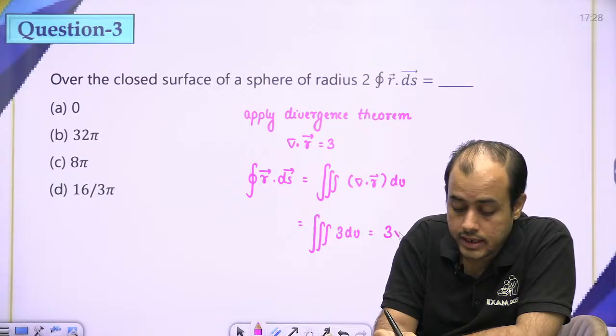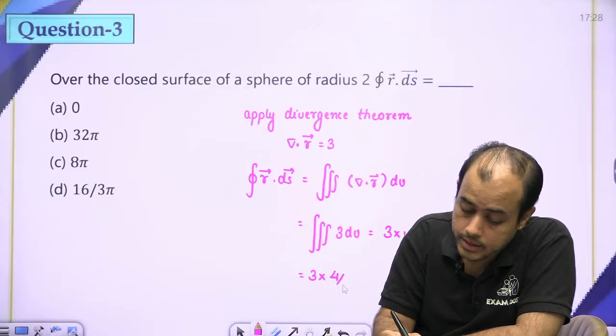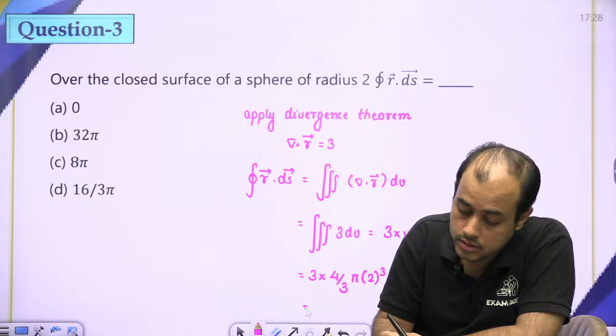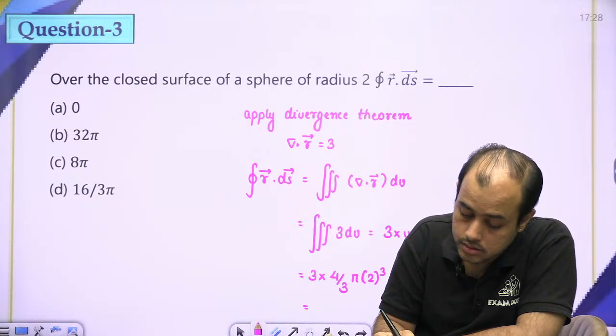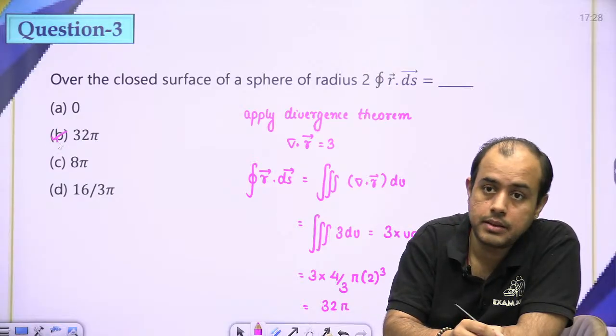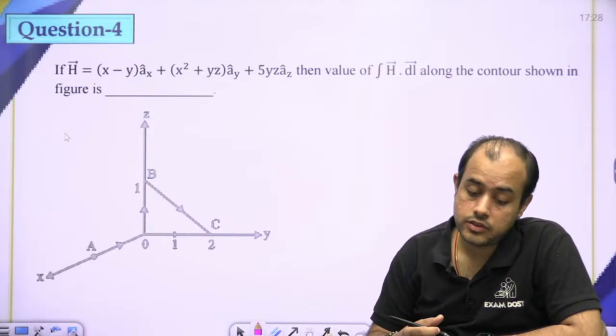Integral of dv is volume. So 3 into volume, 3 into 4 by 3 pi r cube. Radius is given as 2. So 32 pi. Okay, 32 pi.